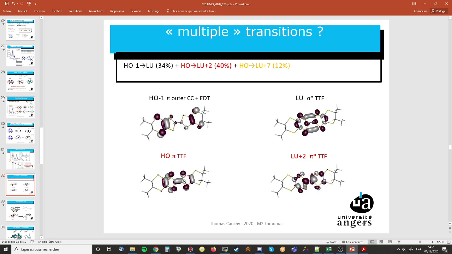Okay, so the starting electron does not come only from that, it comes also from that. That means that it comes from all the pi system. And it goes to a little bit of the LUMO, a little bit of the LUMO plus 2, and just a little bit of LUMO plus 7. Quite tricky.